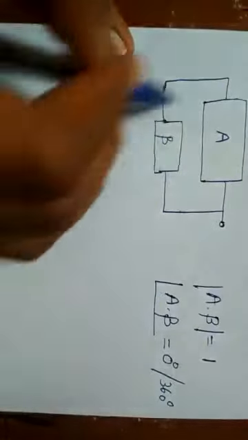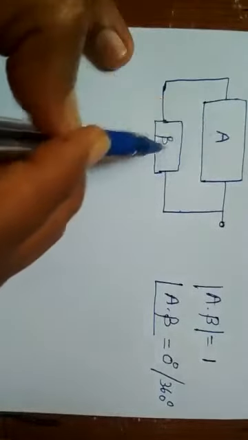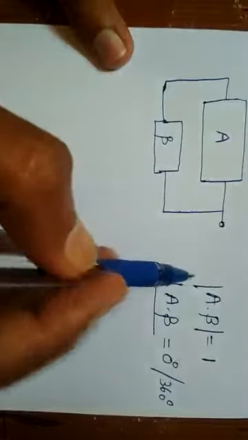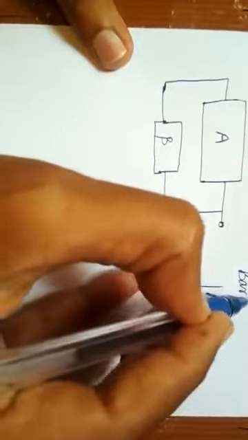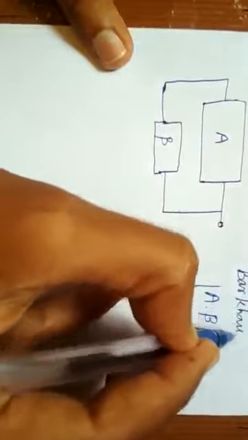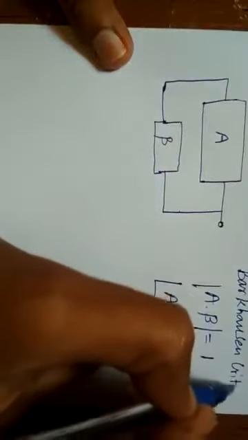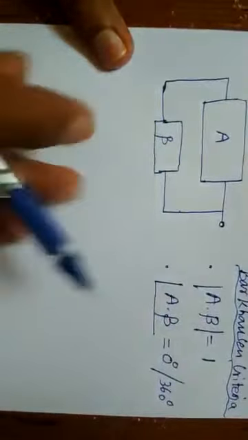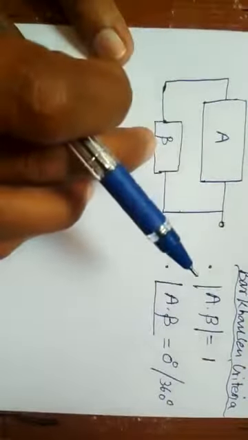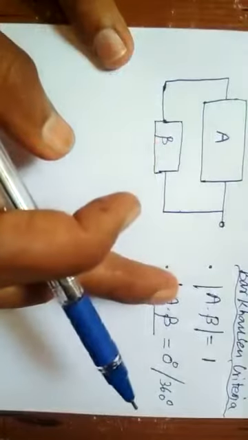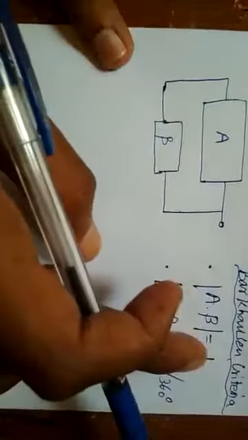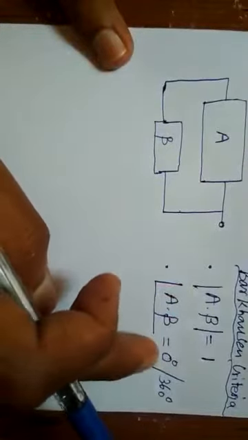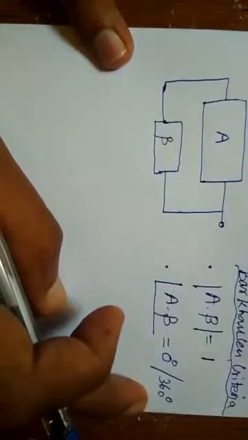Repeat, if this amplifier with forward path gain A and feedback path gain beta satisfies the Barkhausen criteria, what the criteria says is, the product of forward path gain and feedback path gain, that is the product of modulus values, you can say absolute value, A into beta will be 1, and the angle or the phase shift between the forward path and the feedback path must be 0 degree or 360 degree, you can take it in either way.